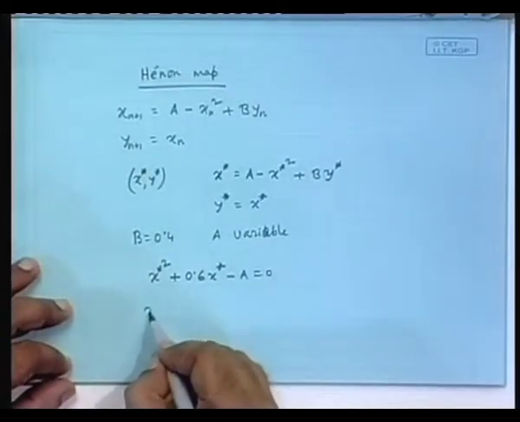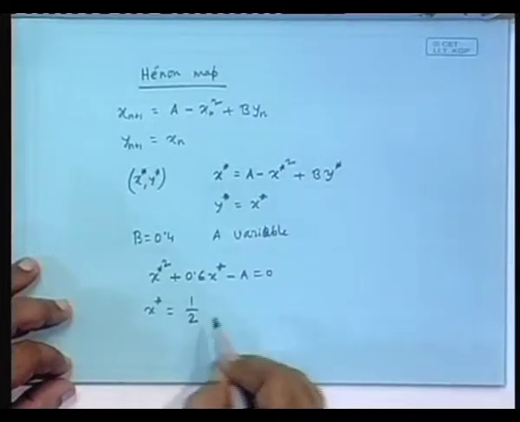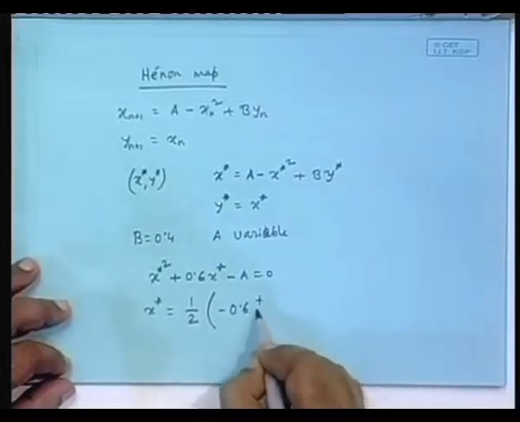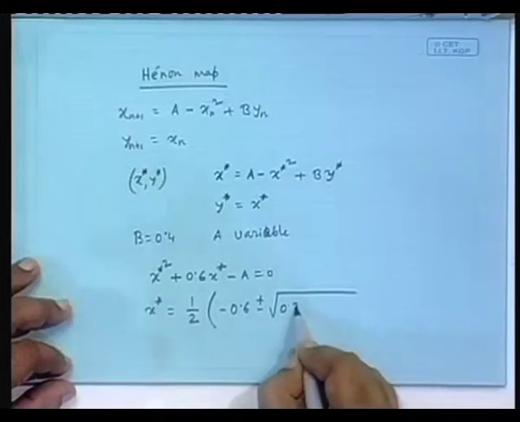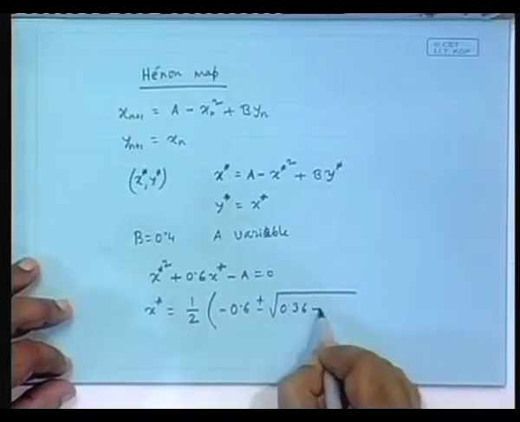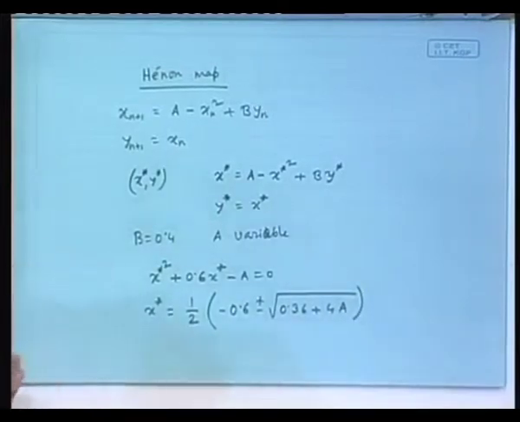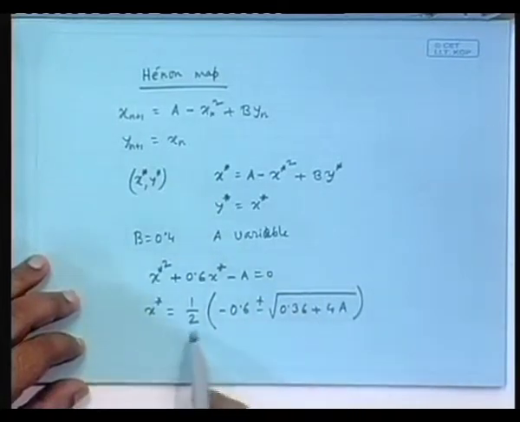So, x star is half of minus 0.6 plus minus root over 0.36 plus 4a. For the sake of simplicity, let us take 4 out and cancel this.